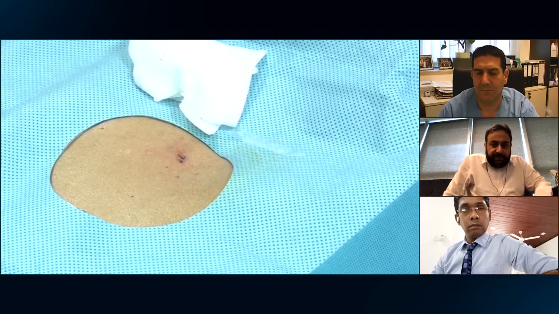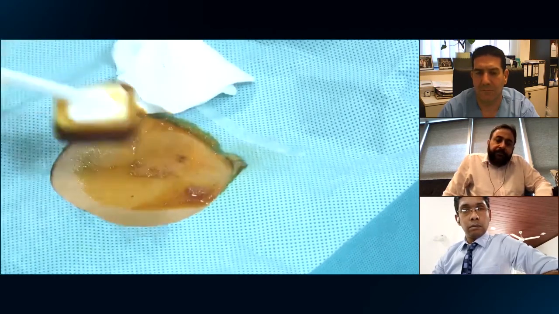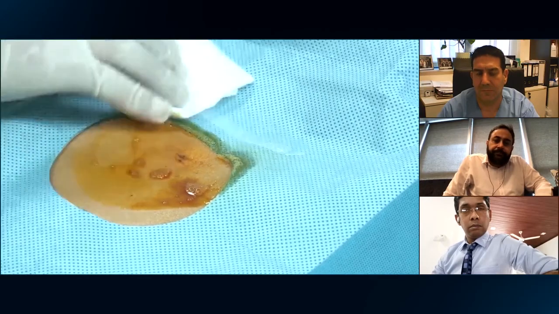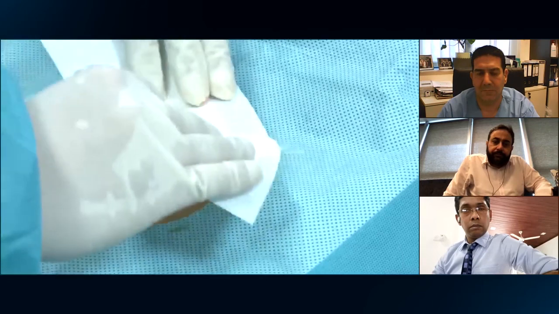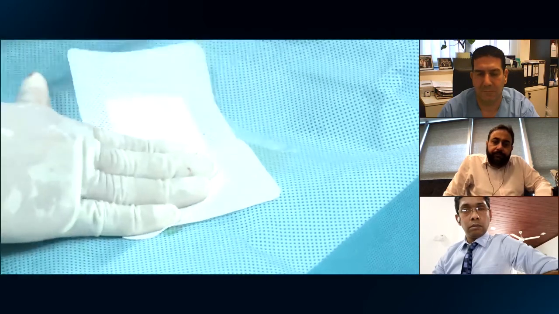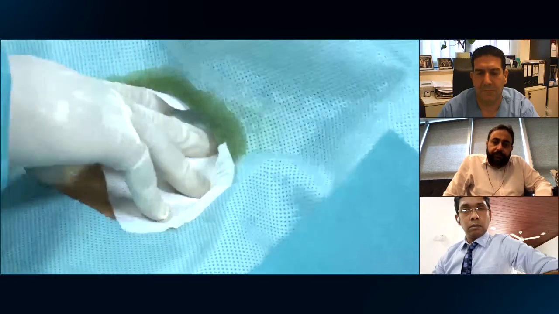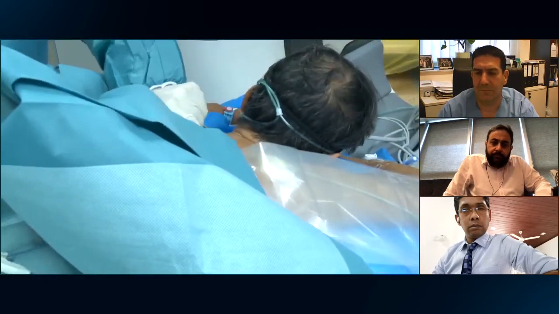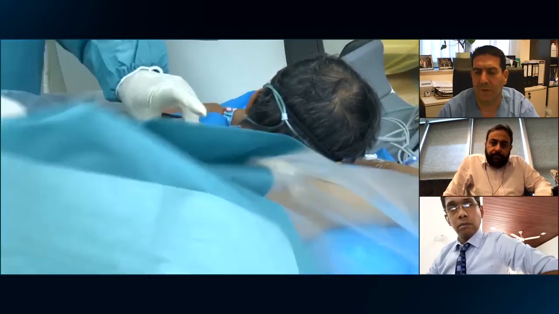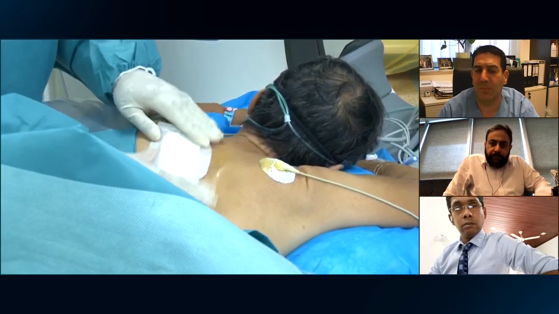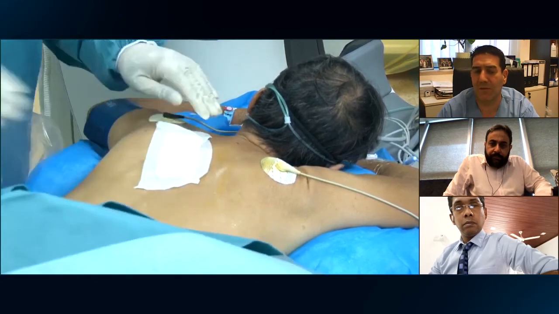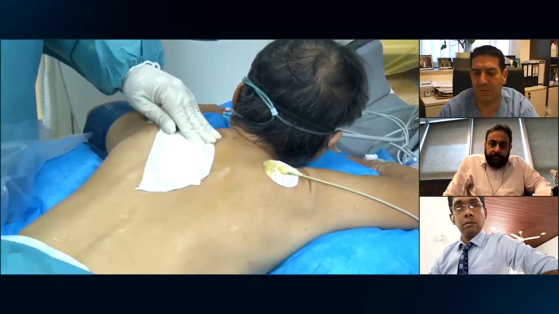This is probably even less than 5%. As we saw in the monitor, the saturation did not drop. The pneumothorax is small, so there is no need for an extra maneuver at this point.